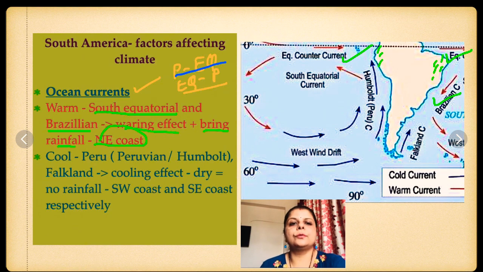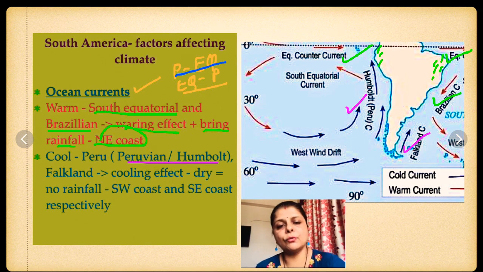Cool currents include Peru current and Falkland current. Peru current is also known as Peruvian current or Humboldt current. Falkland currents are washing the southeastern coast.